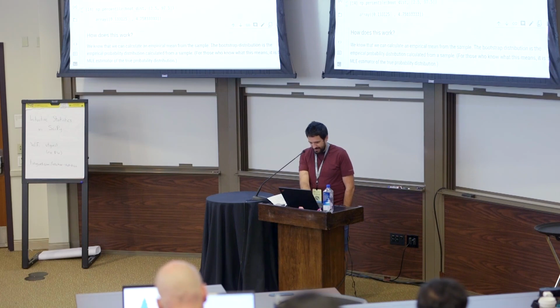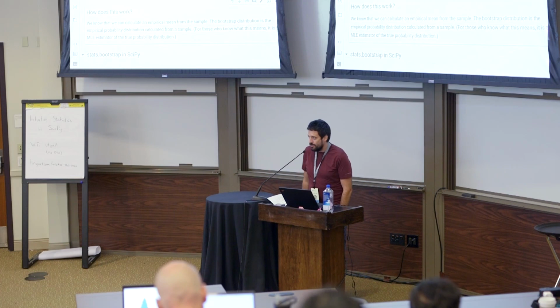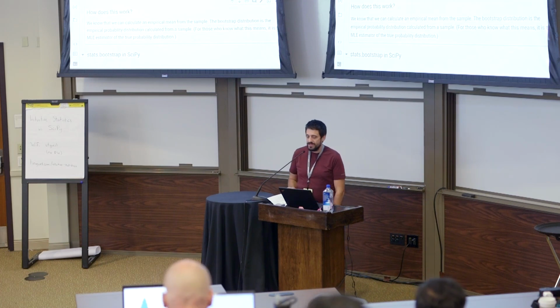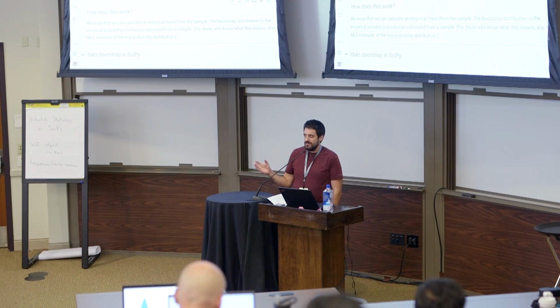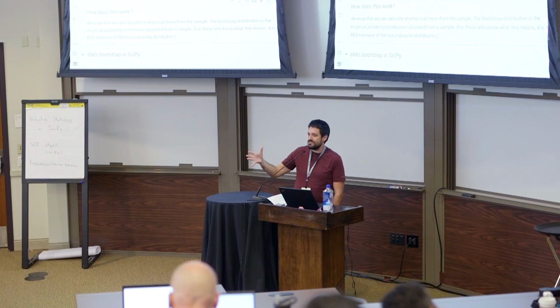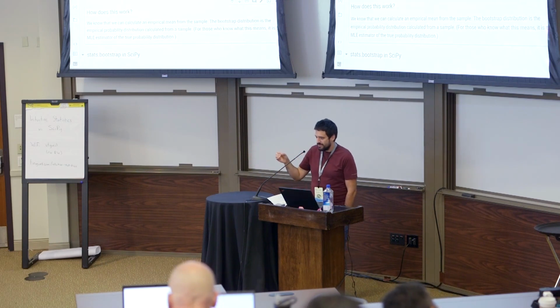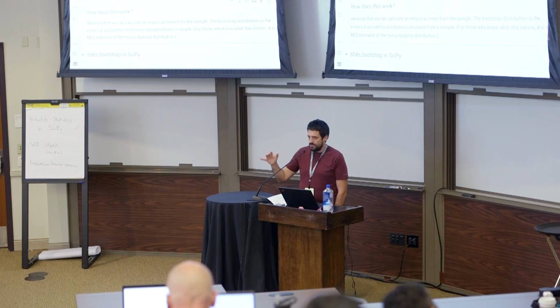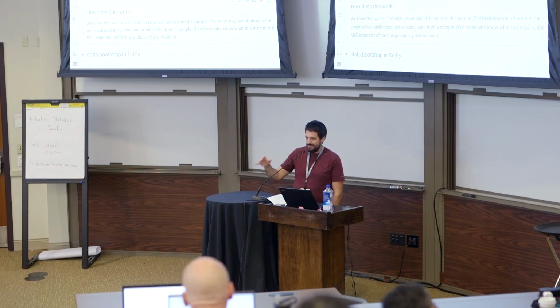Okay, but how? I think you've probably seen the idea that you can take a sample and get a sample mean, or a sample standard deviation. For those with more statistics background, this is called the maximum likelihood estimator for these quantities.